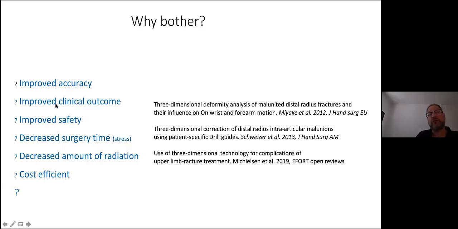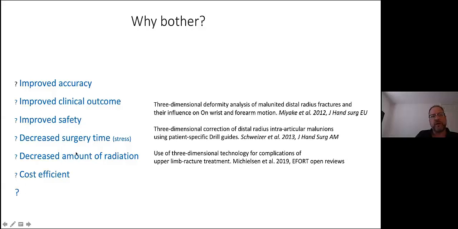But it's hard to correlate to clinical outcome because pain and range of motion can be very different in each patient. And we want it to be safer, of course. The better you plan, the bigger the chance for success.